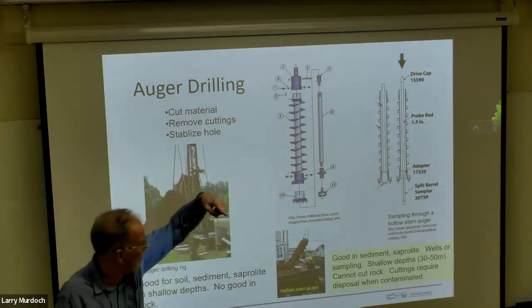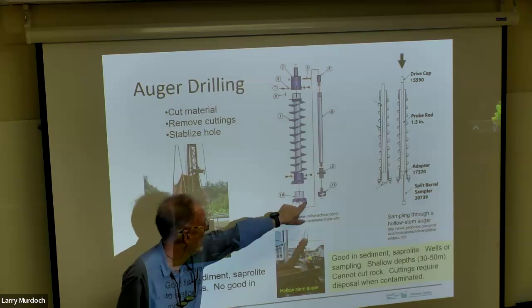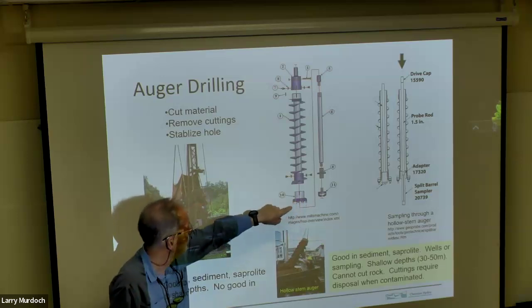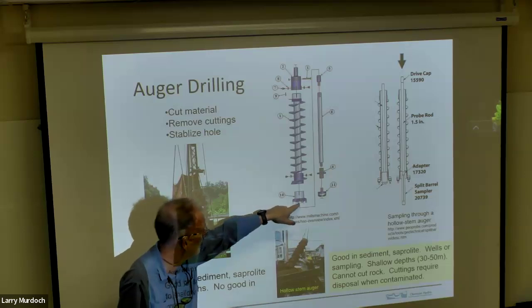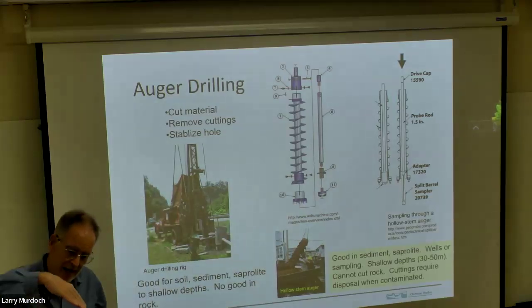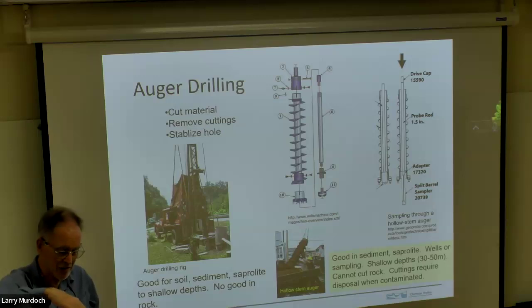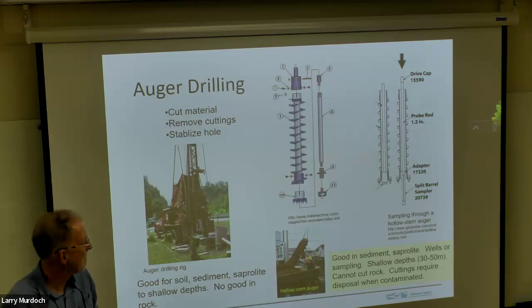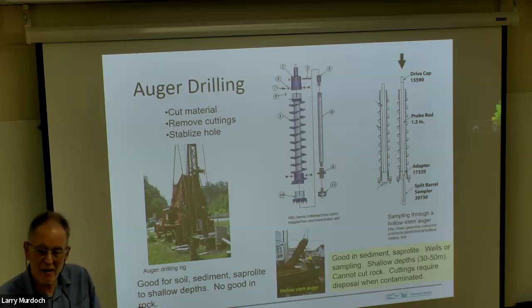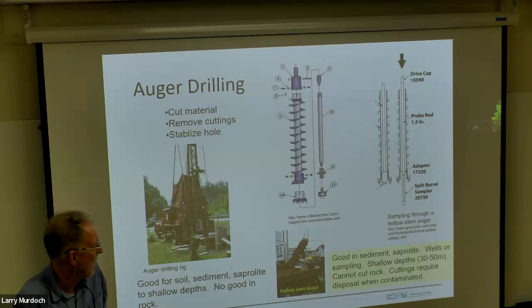It's got a spiral on it, and the cutting head is here. So it rotates, and these cutting teeth are coming in at an angle like that, and they're hardened steel, and they're going around and scraping the sediment or the saprolite. So they're breaking it into particles just basically by scraping it.